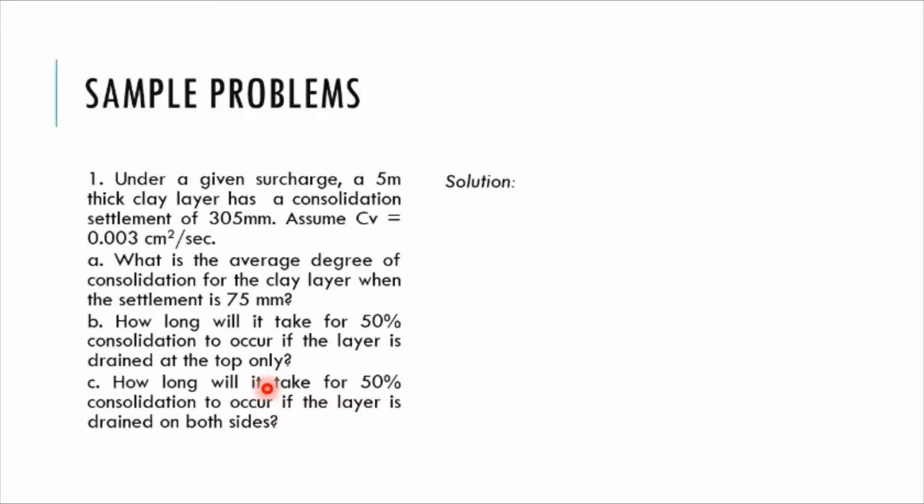In order for us to determine the average degree of consolidation for the clay layer when the settlement is 75 millimeters, we have to determine the percentage. The settlement is 75 millimeters, but the overall settlement of the clay layer should be 305 millimeters.